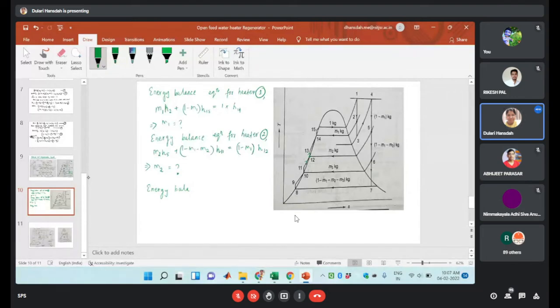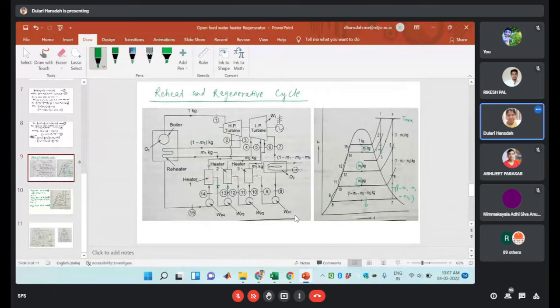Energy balance equation for heater 3. For heater 3 it is the 13 and 14 section. Feed water heating is your 13 and 14.